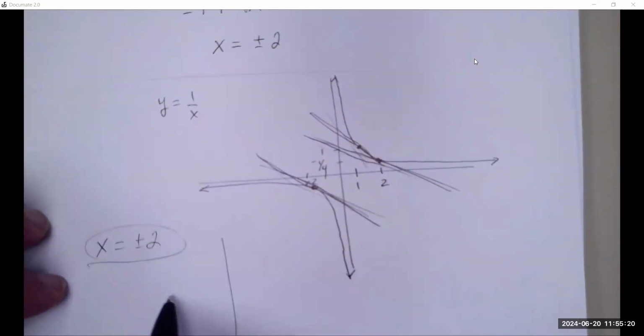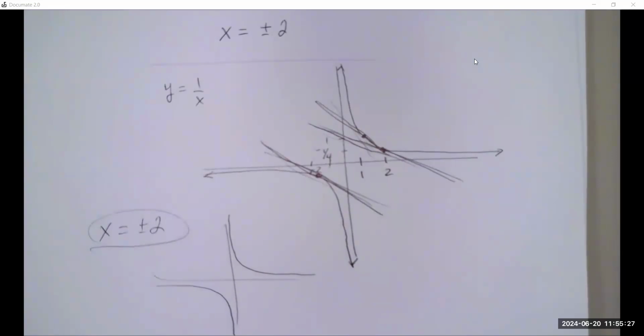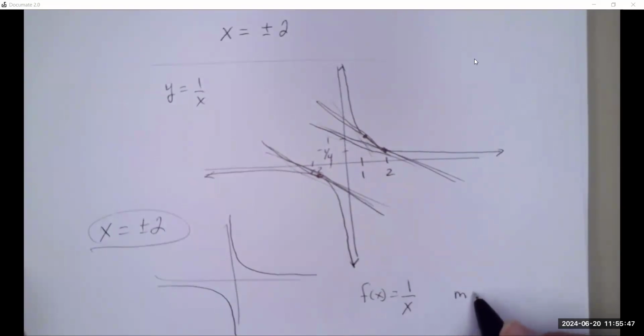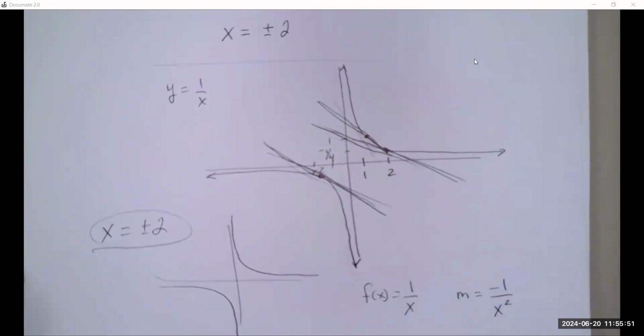Let's look at the graph again. The graph looks like this. What do we notice about the slope of that curve? The function is 1/x, and the slope is -1/x².